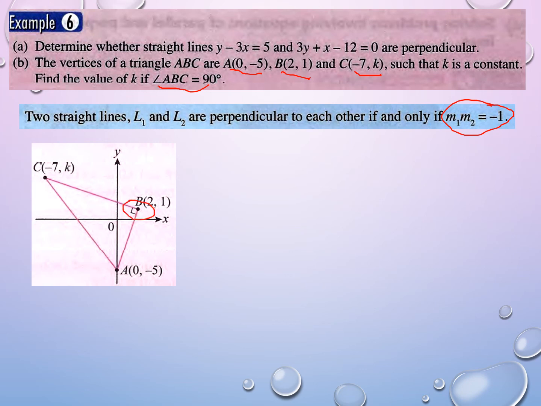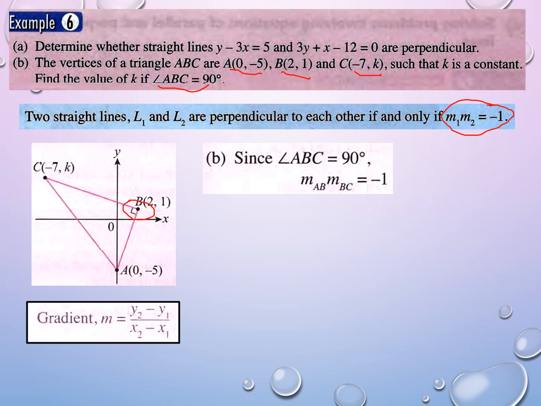So what can we say? That means the gradient of BC multiplied with the gradient of AB should equal negative 1, because it is 90 degrees at this point. There are two lines at this point, so when you multiply the gradients, you should get negative 1.